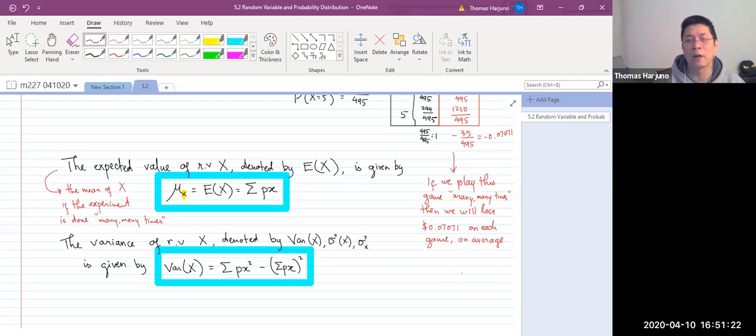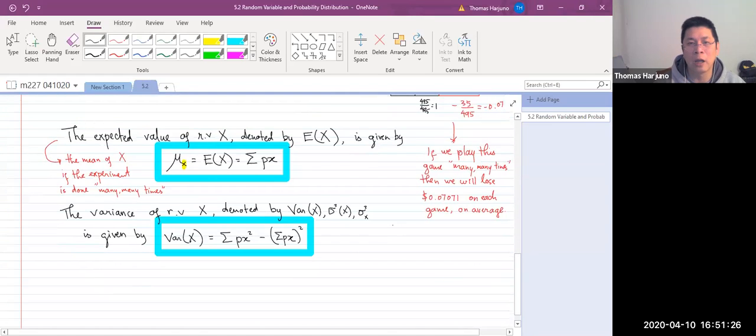Okay, that's the variance. If the context is clear, then you may want to just drop this x here, the subscript. But if you write using this style, you should include the parenthesis x. Only when you write it using this subscript style can you omit the x.